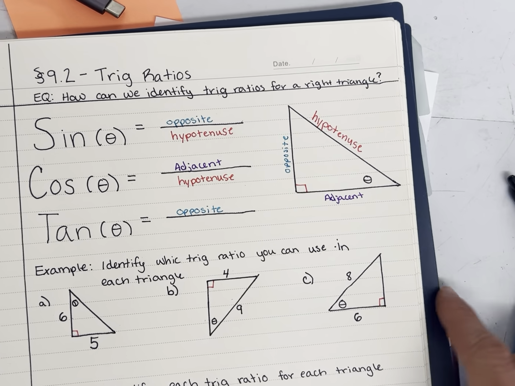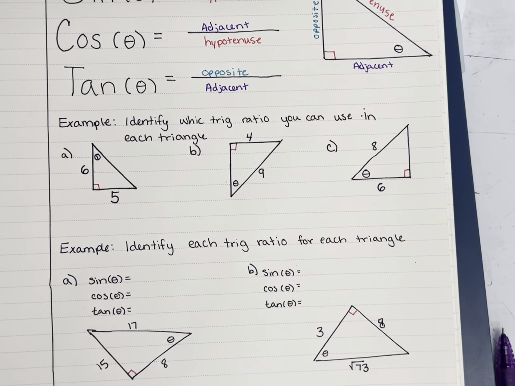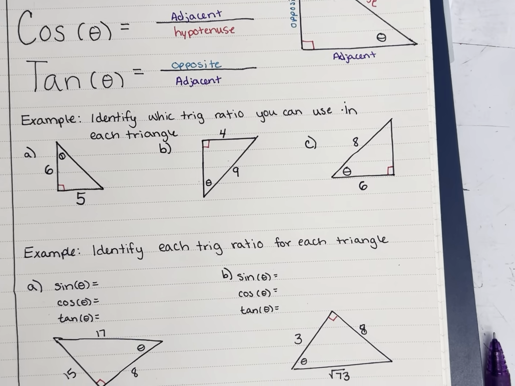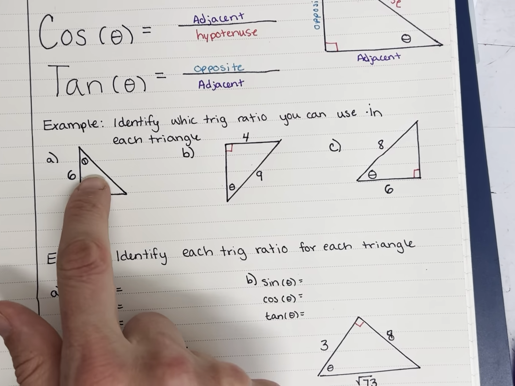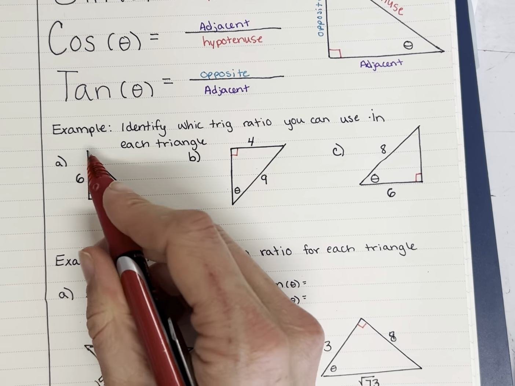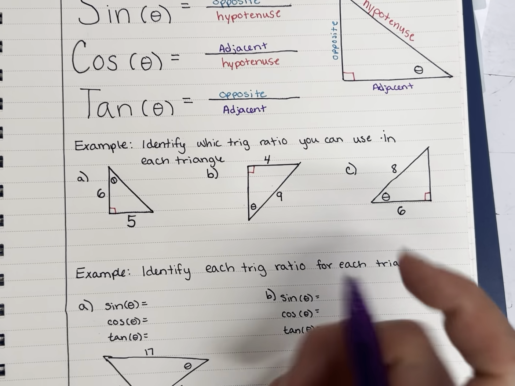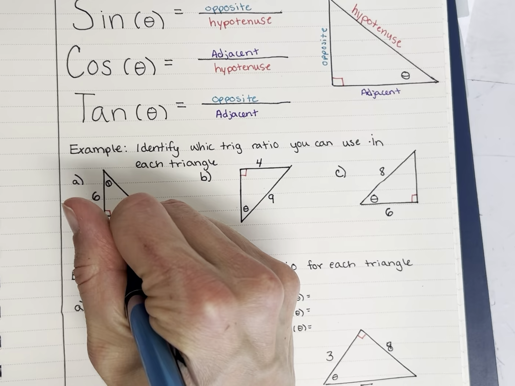So what we're going to do in our first example is identify which trig ratio we can use. Here, if I look at my angle, which is right here, and identify the things that I have, this 5 is opposite of the angle. So I'm just going to label that the opposite, or OPP.